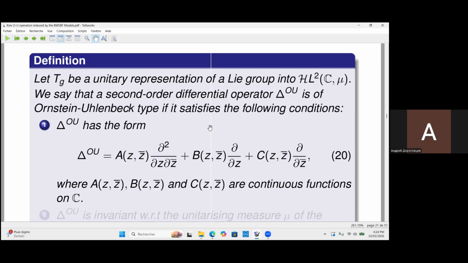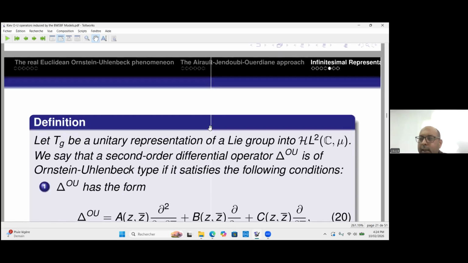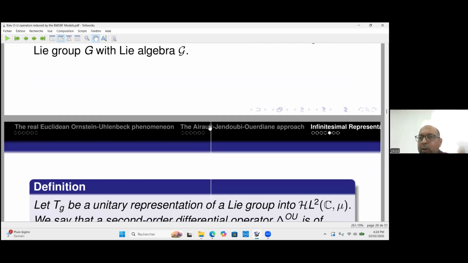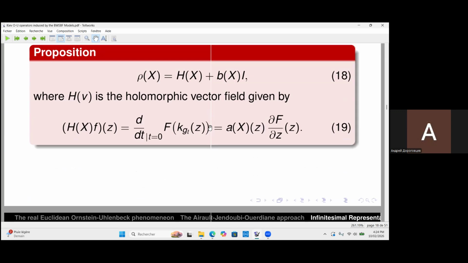Yes, here for the derivation, usually with this form we have a first order differential operator. Yes, surely. So the question is, maybe you will present the condition on the Lie group under which we will have the second order term. Yeah, okay.